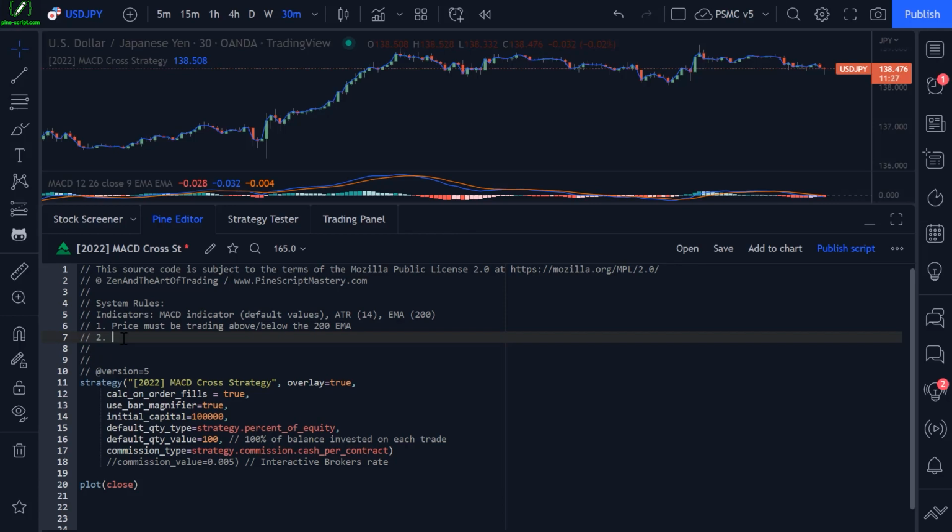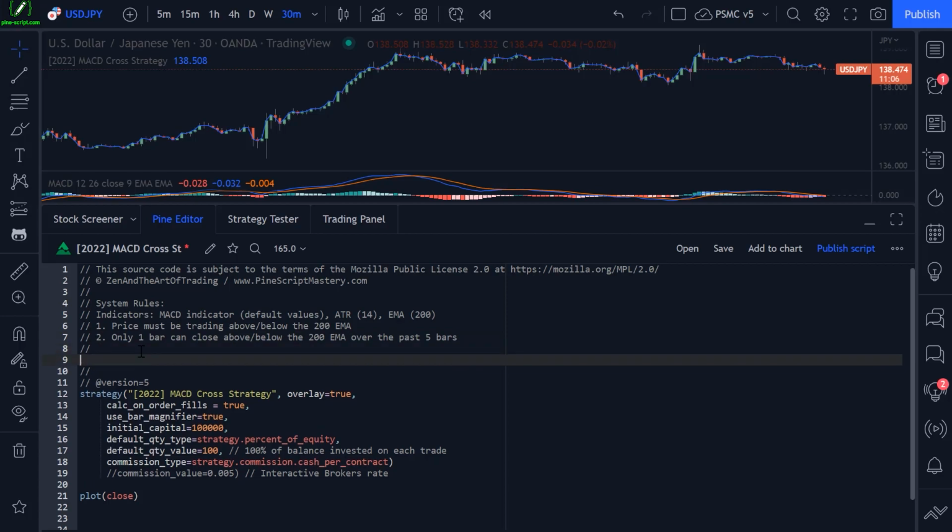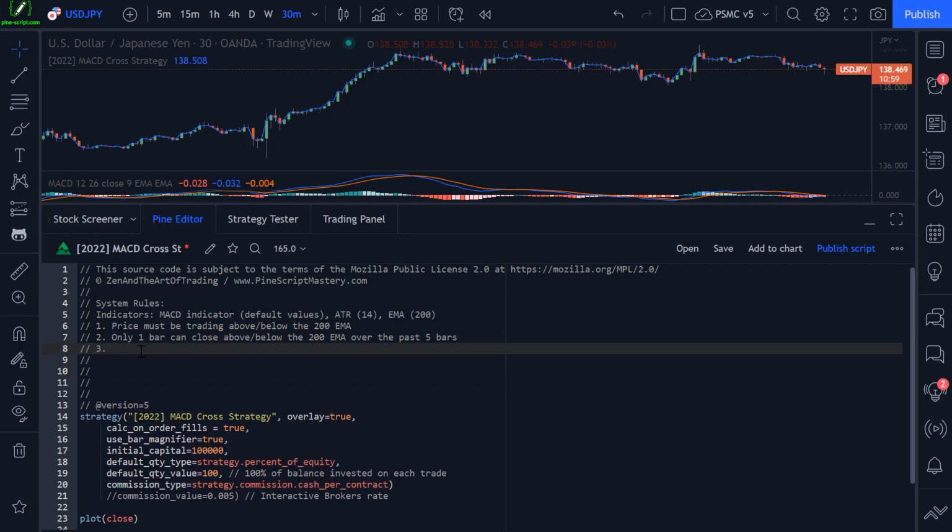And this filter is that only one bar can close above or below the 200 EMA over the past 5 bars. My goodness, I have fat fingers today. I'll explain that rule in more detail when we have more code written and we can see some visual examples on the chart.